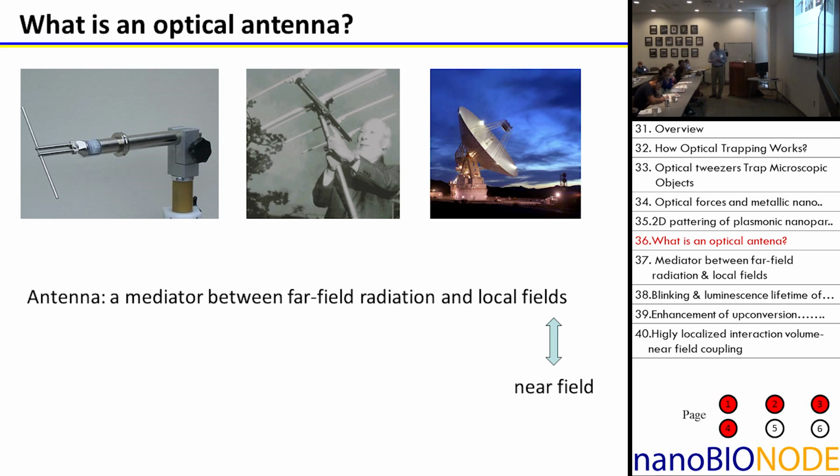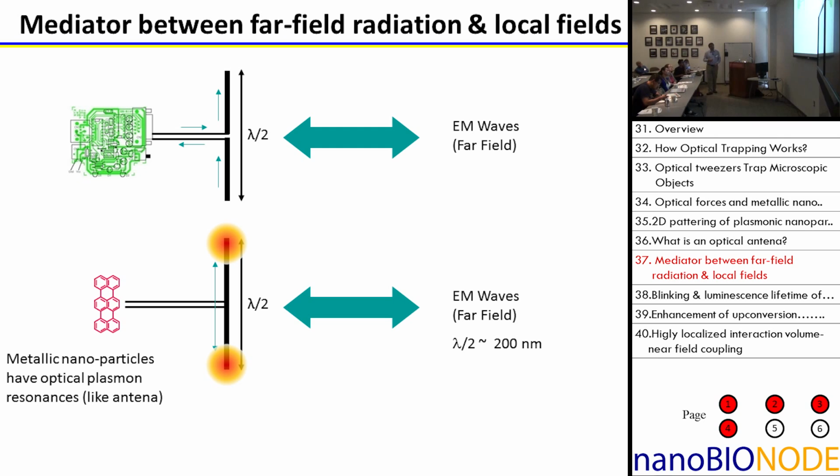And those local fields are near field, in other words. And we know how different kinds of antennas work. We typically have some kind of resonance that allows us to effectively harvest different kinds of electromagnetic waves and couple them with circuits, for example, of different devices, right?